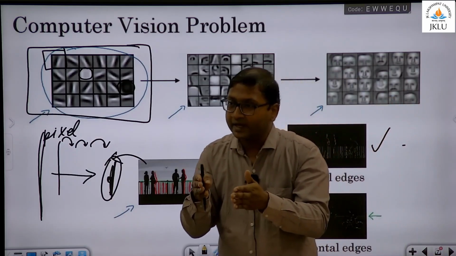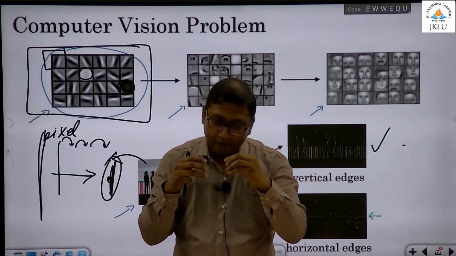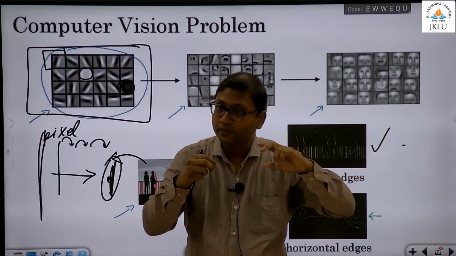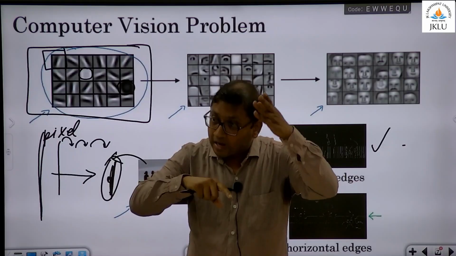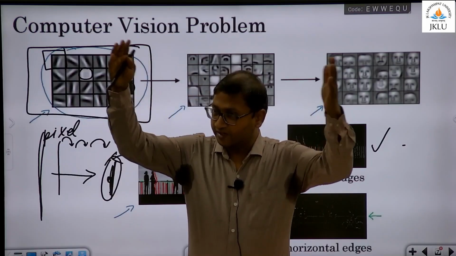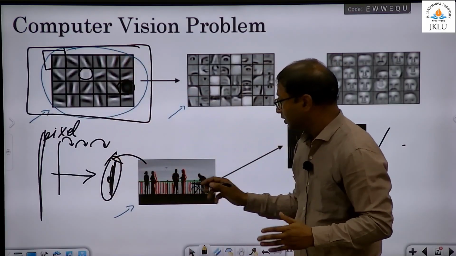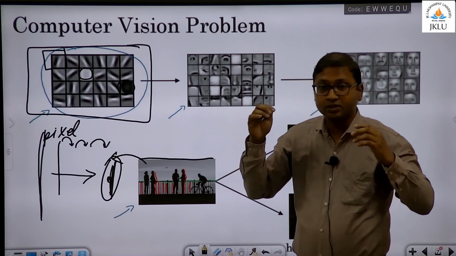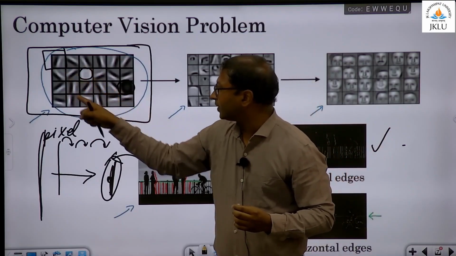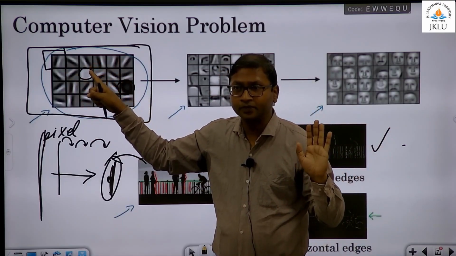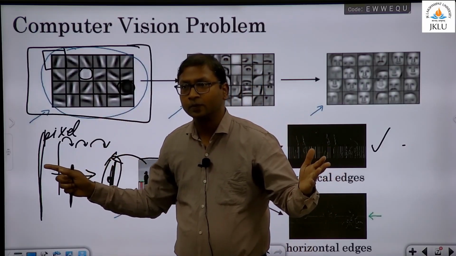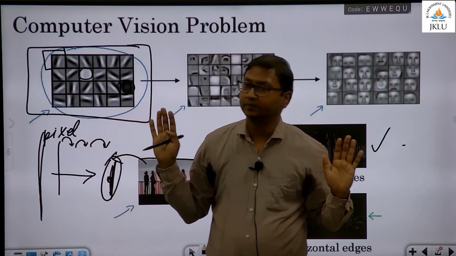So every layer basically takes input from the previous layer and learns how to combine them in a broader, more meaningful fashion, in a fashion that makes sense to the human eye, right. The human eye will not be able to make sense of this apart from edges.